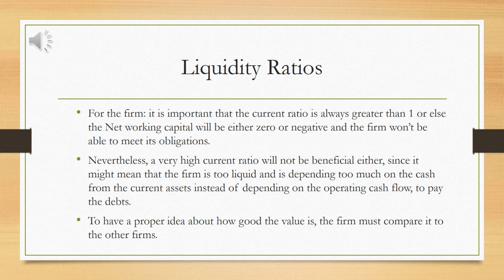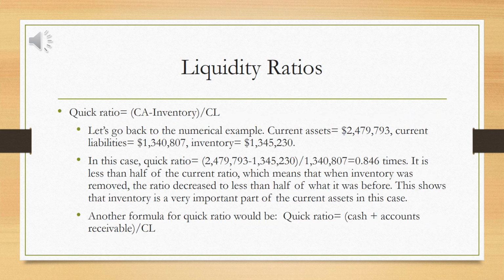Nevertheless, a very high current ratio will not be beneficial as well, since it might mean that the firm is too liquid and is depending too much on the cash from the current assets instead of depending on the operating cash flow to pay the debt. To have a proper idea about how good the value is, the firm must compare it to the other firms.